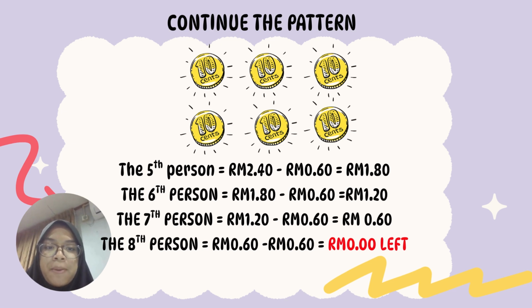I highlight that each subtraction represents one division step, and when the remainder is 0, the division is complete. So by doing that, we can know how many persons got the 60 cents. The final answer is 8 persons, 8 students.